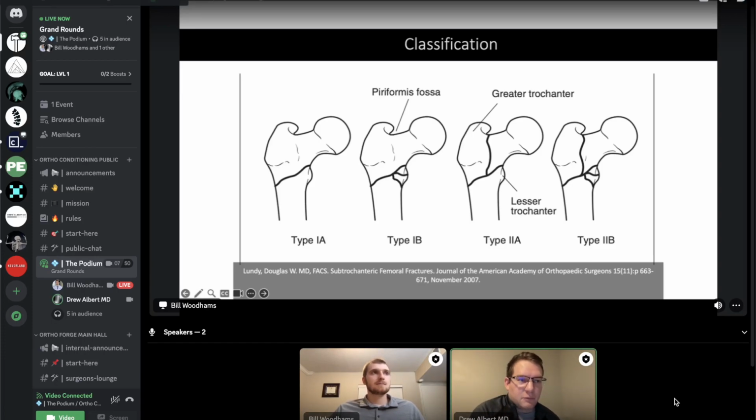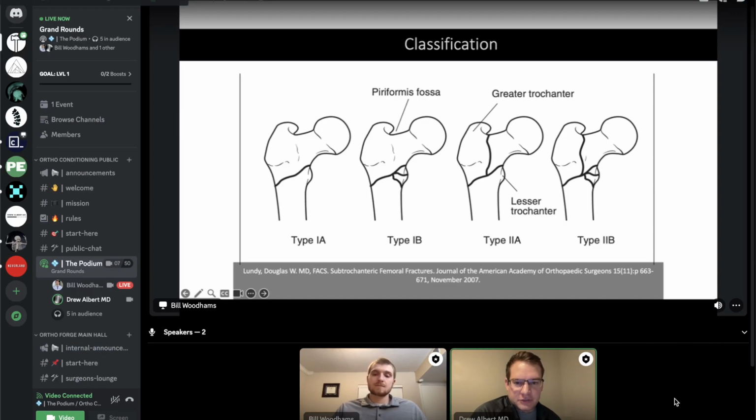And that was a more historical kind of differentiator. Whereas the new designs for nails make it possible to just use nails interchangeably to treat both type 1 and type 2 fractures, whether they extend into the piriformis fossa or not. So it's very, very uncommon to use blade plates for subtrochs these days.